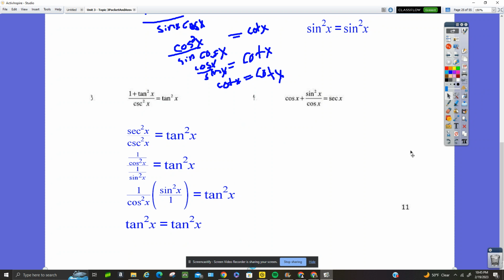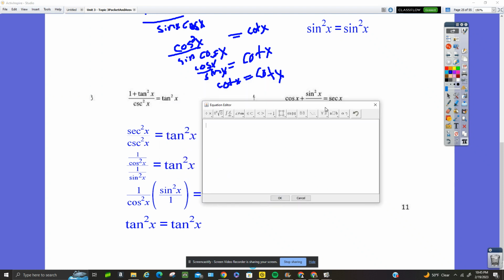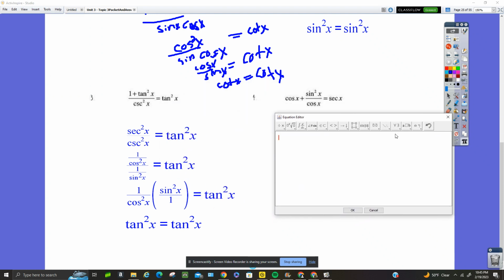And then number 4 here. So you want to make the denominator cosine x.